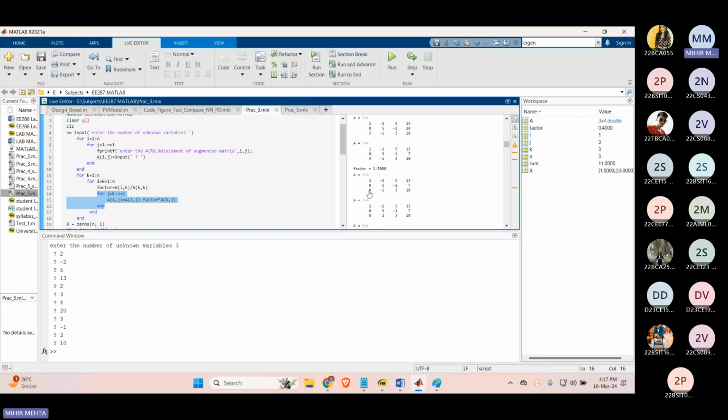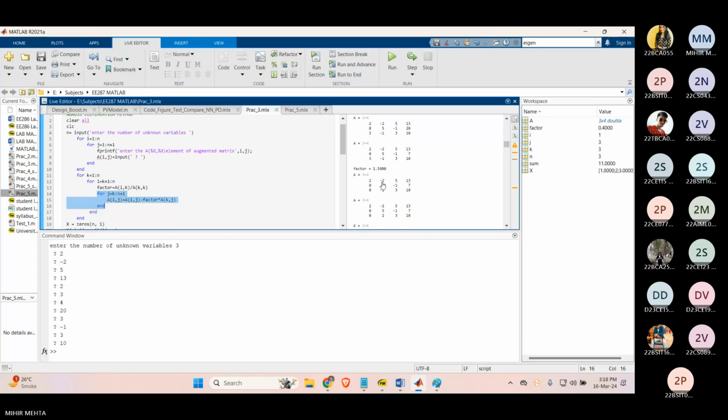What would happen next is you are incrementing the value of j. So now the value of j is 2. So a(i,j), where i is 3, a(3,2). This a(3,2) value would be nothing but -1 minus the factor 1.5 multiplied by this particular -2.